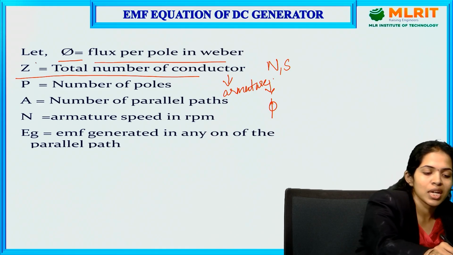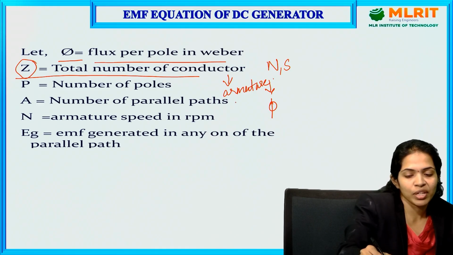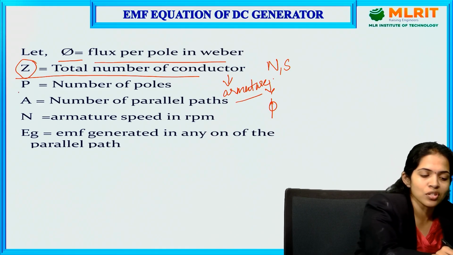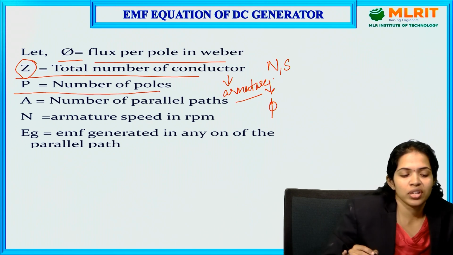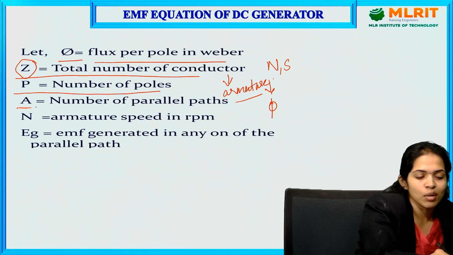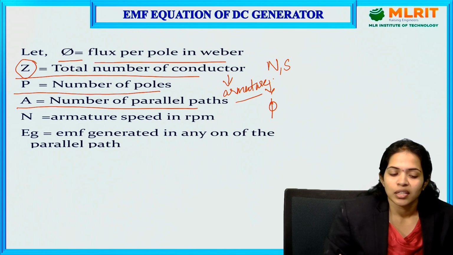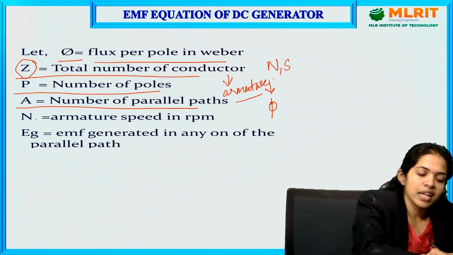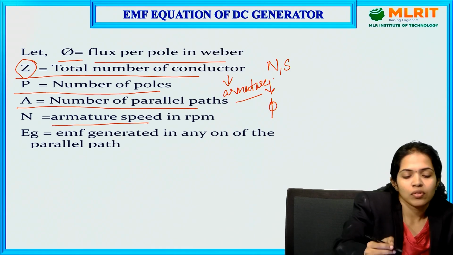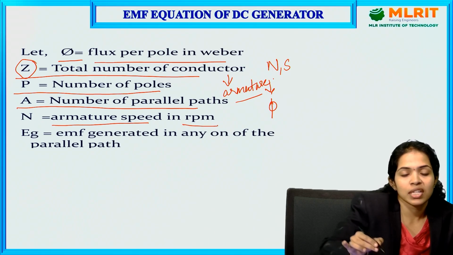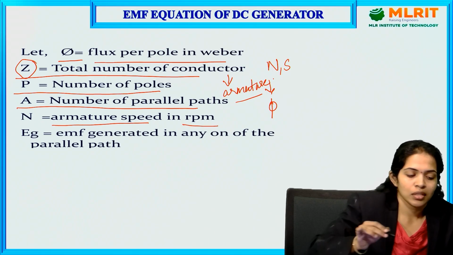Let us consider Z as the total number of conductors in the armature, P as the number of poles in the DC generator, A as the number of parallel paths, and N as the speed with which the armature is rotating in RPM, which is rotations per minute.